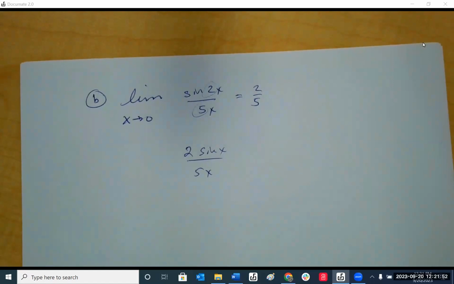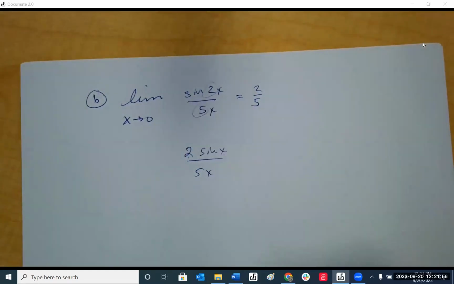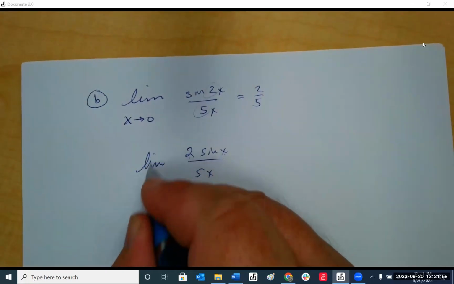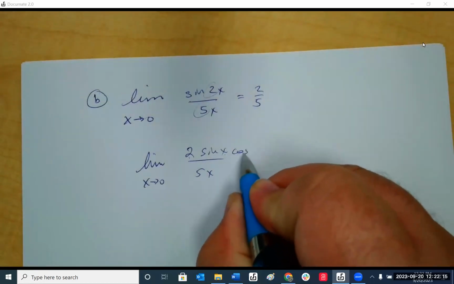Well, isn't the double angle identity for sine 2x, wouldn't that be 2 sine theta times cosine theta? Yes, 2 sine theta cosine theta.